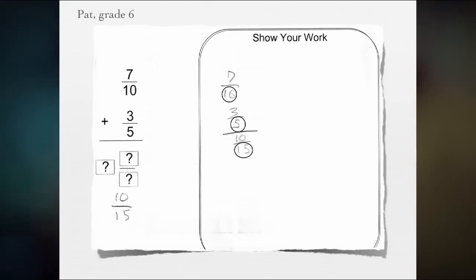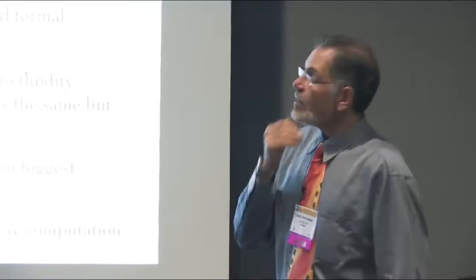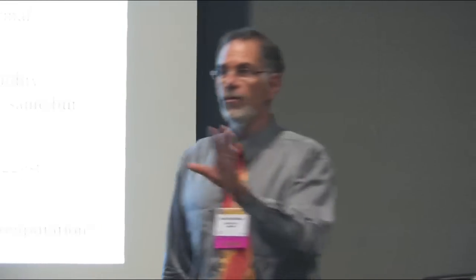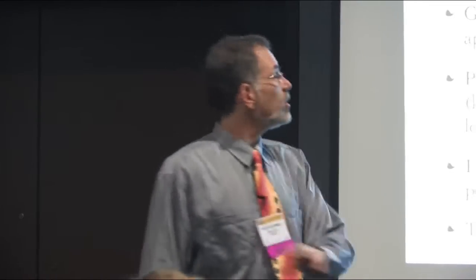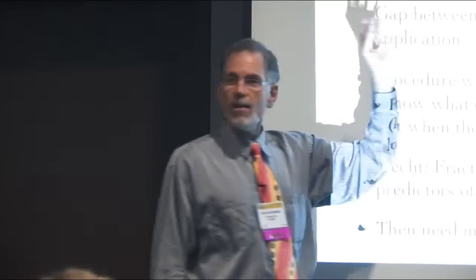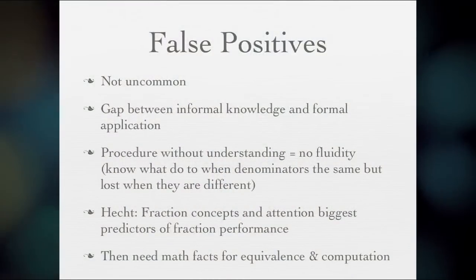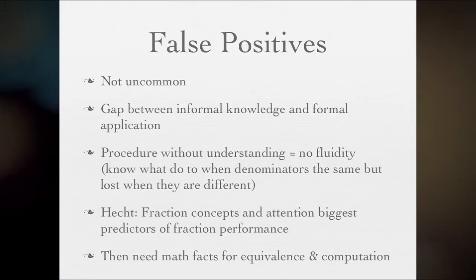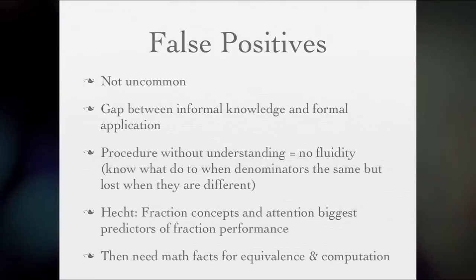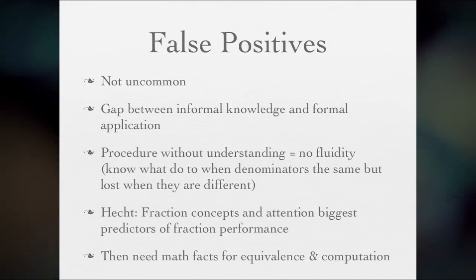But these guys are caught up in the algorithm. So it's not uncommon to have what looks like spotty understanding, where students are able to do something, but not a lot of other things. You dig a little bit in there, and you have this sort of false positive. If you just look at those first 2 items, you go, Pat's got it, knows fractions, but not really.